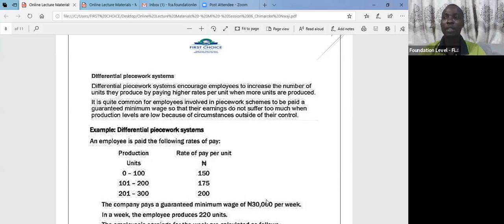You see, if you tell somebody that I'll pay you 20 naira per unit, anybody can produce maybe 10 units very fast in 1 hour. And somebody could stretch it and spend the whole day producing that 10 units, and they get the same thing. So you see, it causes some people to be lazy.